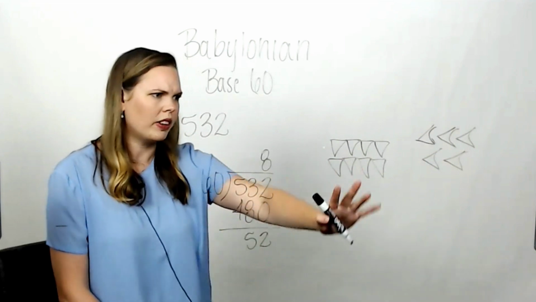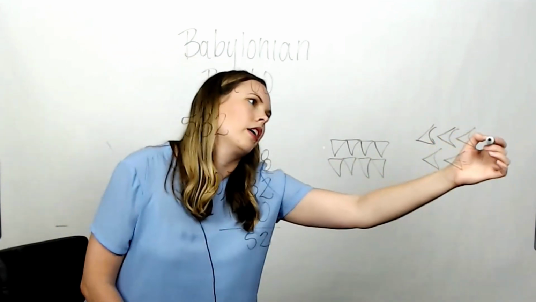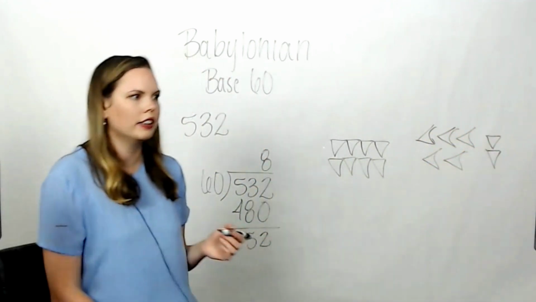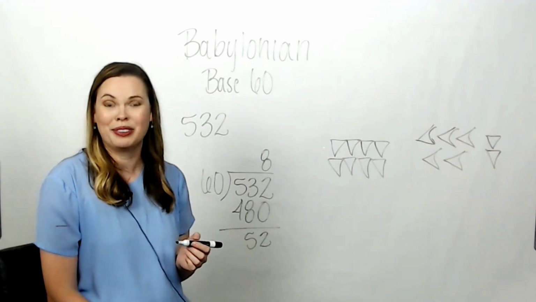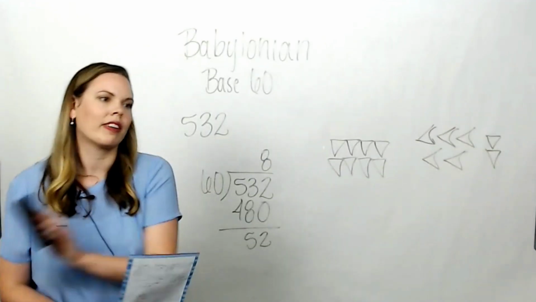Okay, so 60s, ones, and then we need 2 more. So this is our 50. And then I'll just stack them like this for 2. Okay, so that's moving to Babylonian.